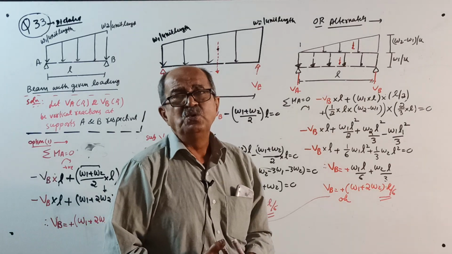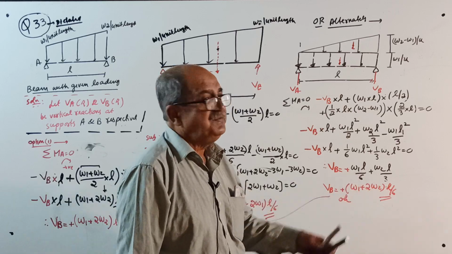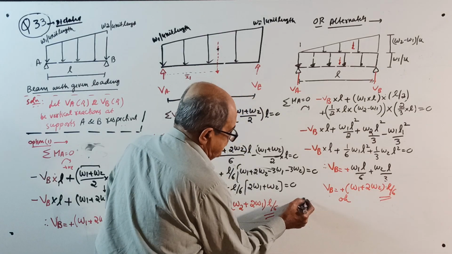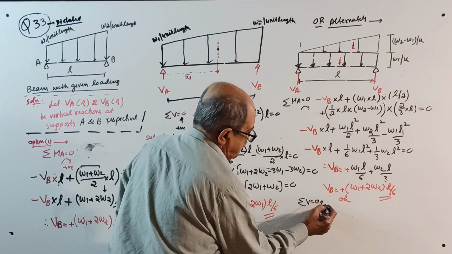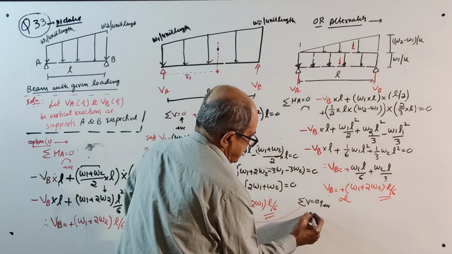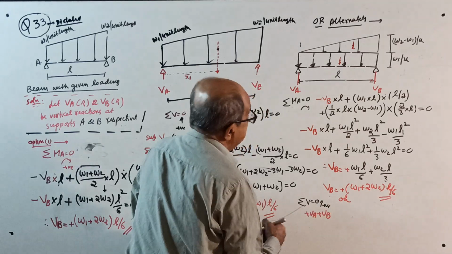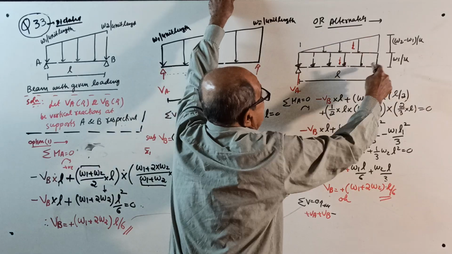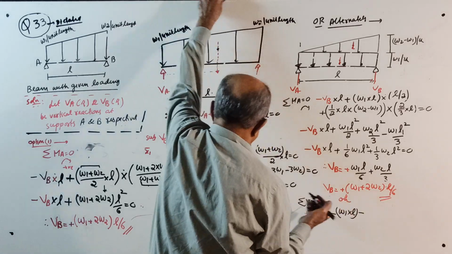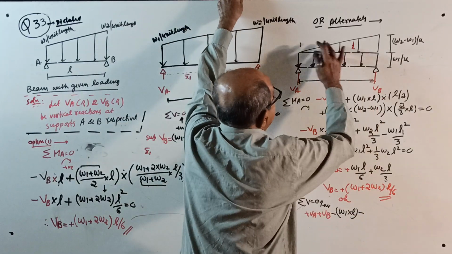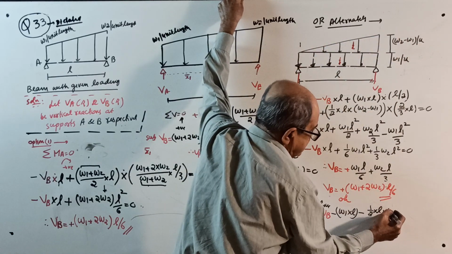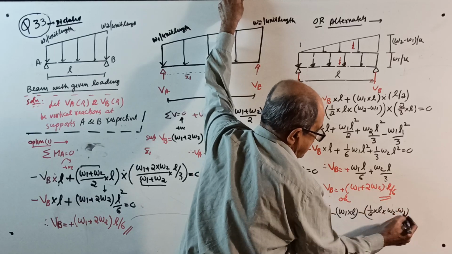If that much you cannot do, I am helpless. Sigma V equal to 0, upward positive. I will write here, then I will get the answer. Sigma V equal to 0, upward positive. I will not simplify. Plus VA plus VB minus W1 into L, UDL, it is same as this one, minus this triangle load, half into L into W2 minus W1 equal to 0.